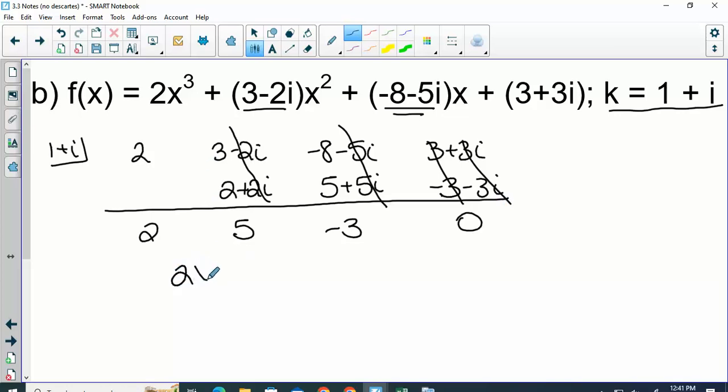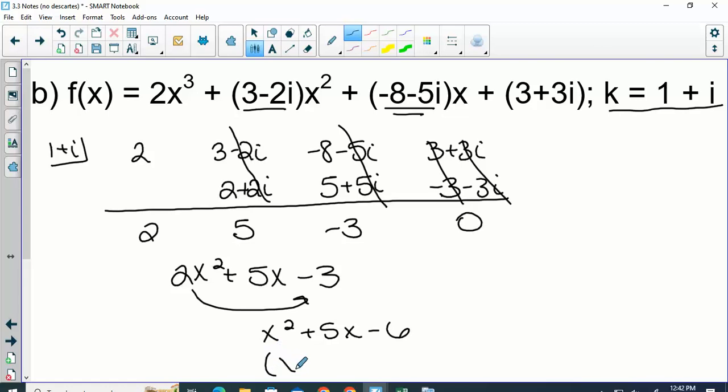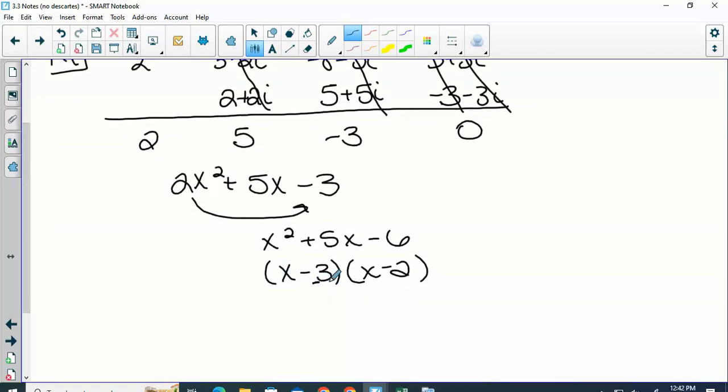So then we have 2x squared plus 5x minus 3. We do our slip and slide. Gives us x minus 3, x minus 2, divide by 2. x minus 3 times x minus 1.